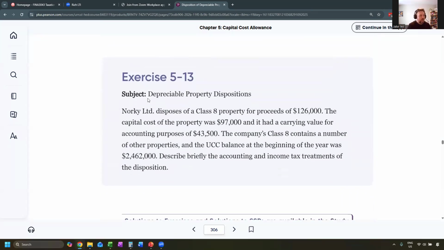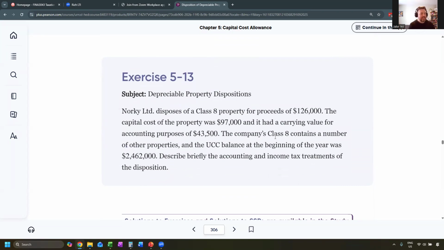5-13. Norkey Limited disposes of a Class 8 property for proceeds of $126,000. The capital cost of the property was $97,000, and its carrying value for accounting purposes was $43,500.